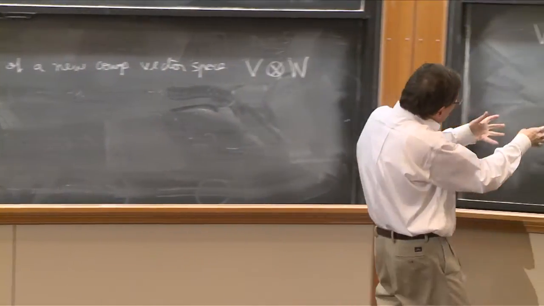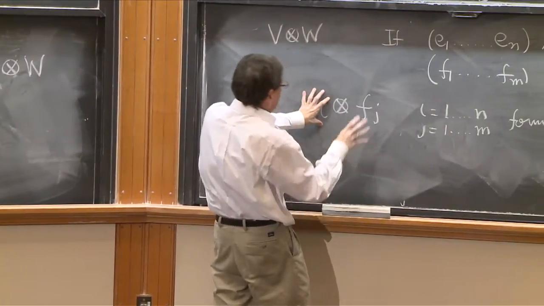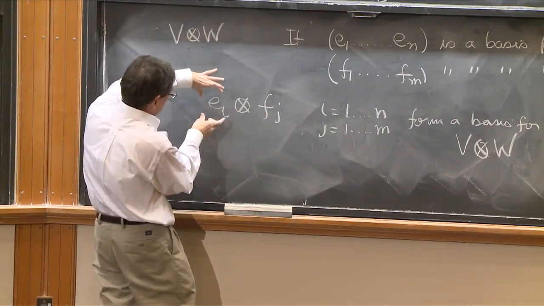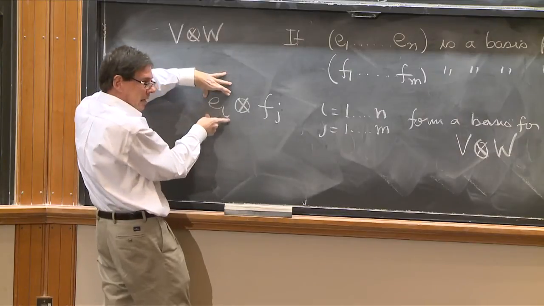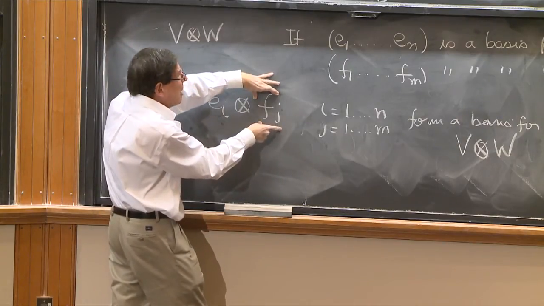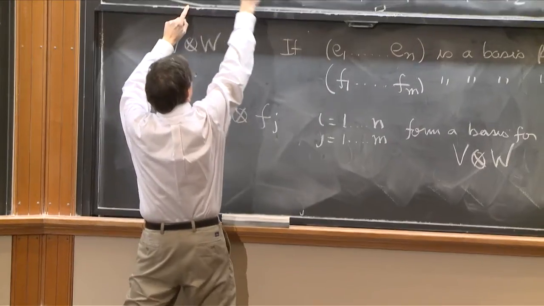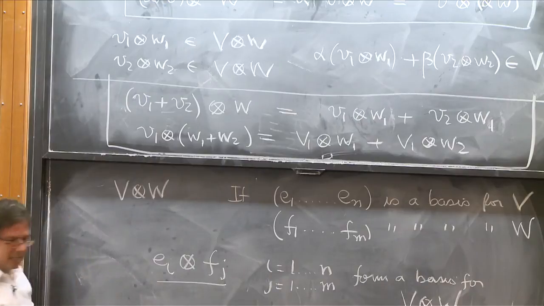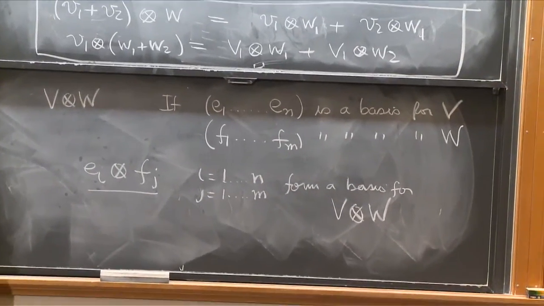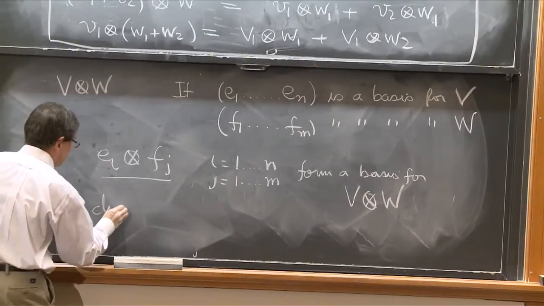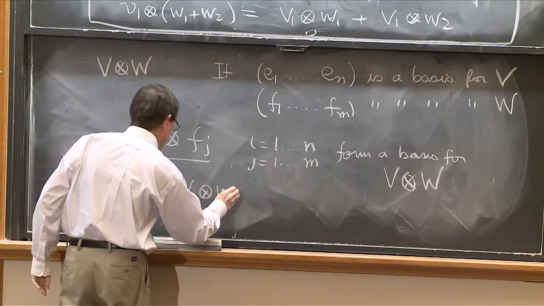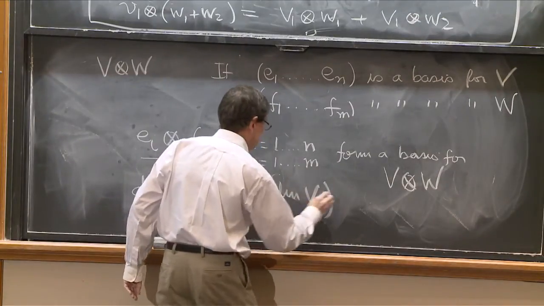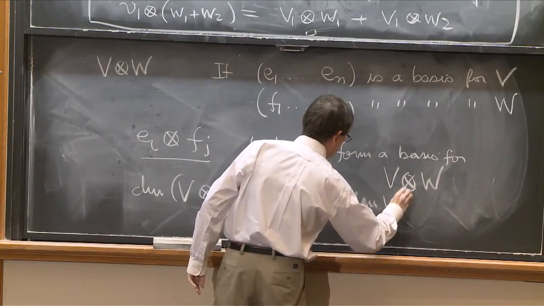The elements of this tensor product were one vector here, one vector there, so you would expect that you can get all vectors that can sit here with all the Ei's, but only if you have these rules of superposition and linearity. So this is the whole basis of the vector space, and the dimension of V tensor W is equal to the dimension of V times the dimension of W.